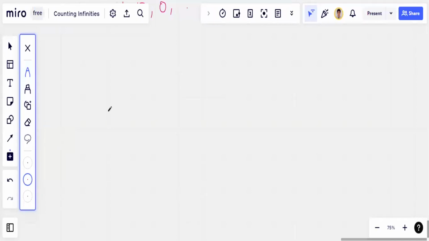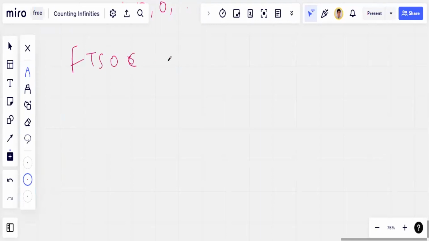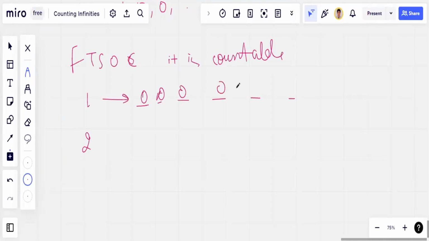So suppose it is countable. Then you can order them in the order of the naturals, so there is some ordering. On the first position you have some sequence, on the second position you have another. Let's say in the first position the sequence is all zeros.